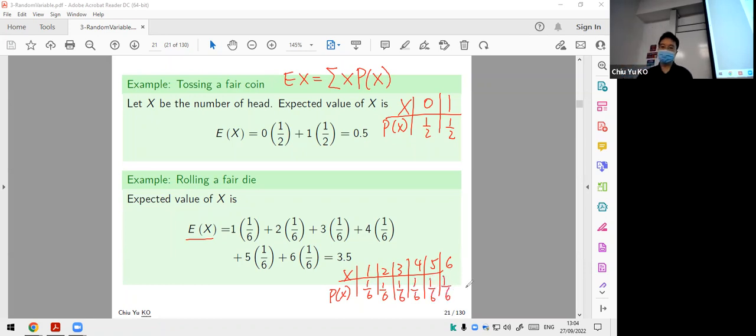So we have 1 times 1/6 plus 2 times 1/6, 3 times 1/6, 4 times 1/6, 5 times 1/6 plus 6 times 1/6 gives you 3.5. So this is what we expect as the mean if you repeat this a lot of times. Is that okay?